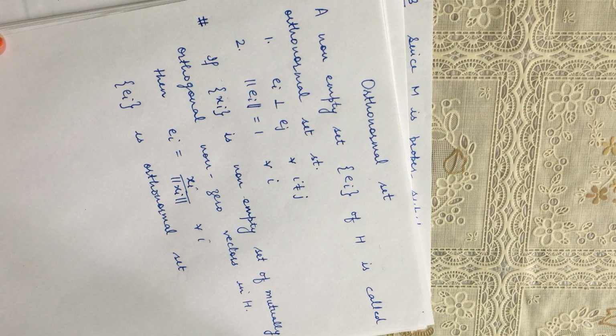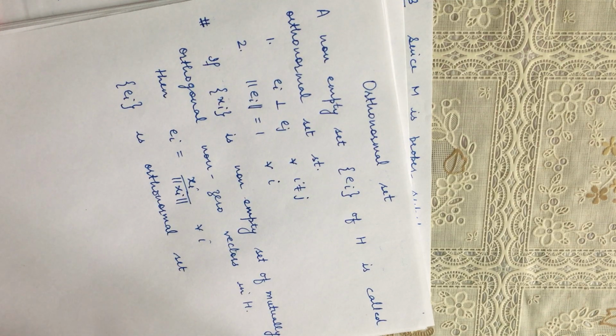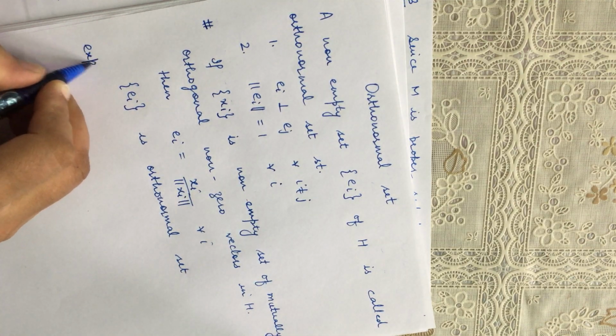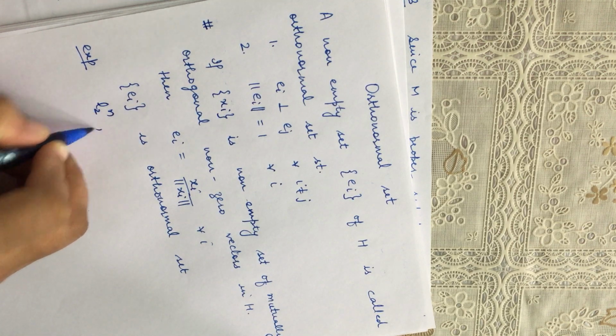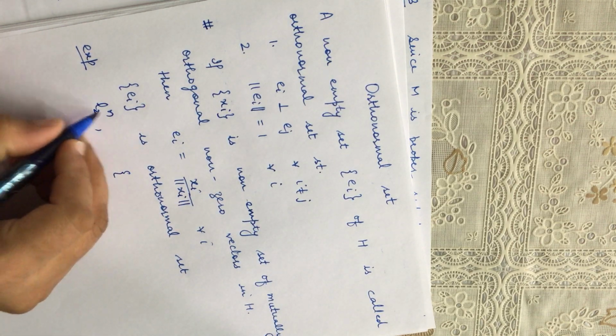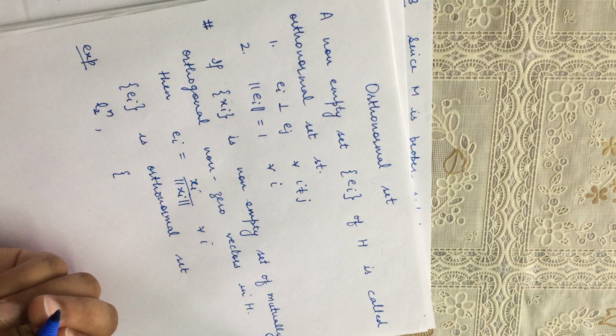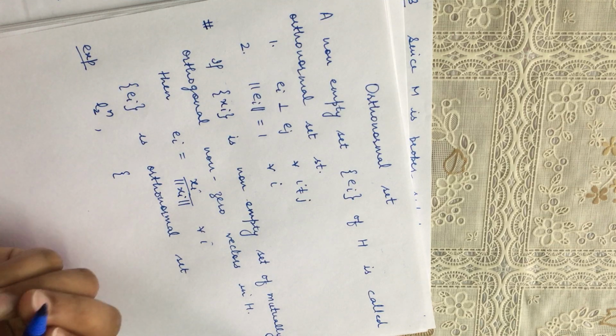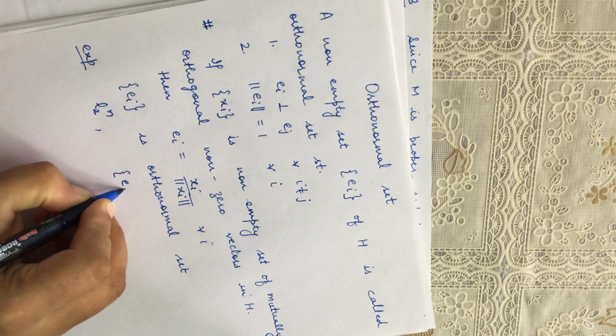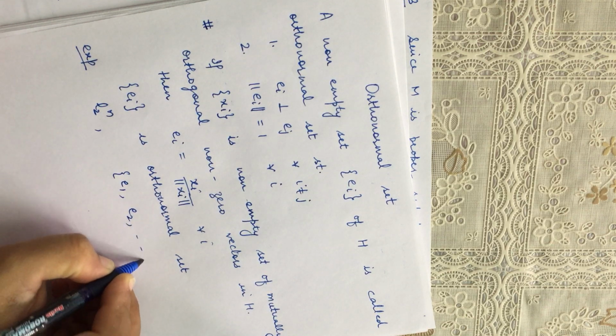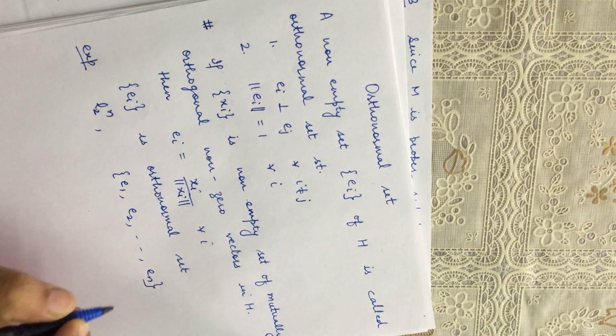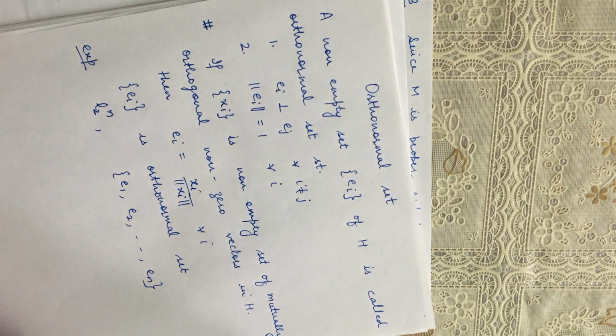So we have many examples. The first example is in the space l2^n, which is the collection of all n-tuples over real or complex numbers. The standard basis e_1, e_2, ..., e_n is an orthonormal set in this space.